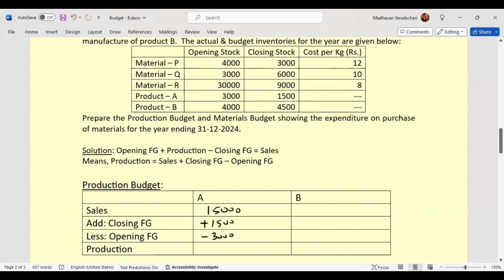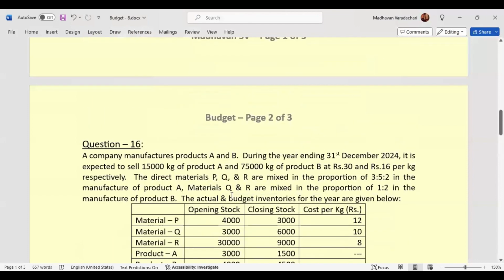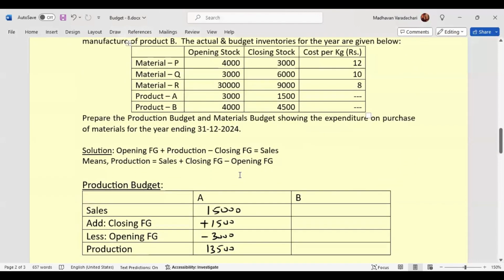If we calculate, we will get the production as 13,500. Product B, they gave 75,000 expected to sell, then plus closing stock for product B is 4,500, plus 4,500 minus opening stock is 4,000. That works out to 75,500.